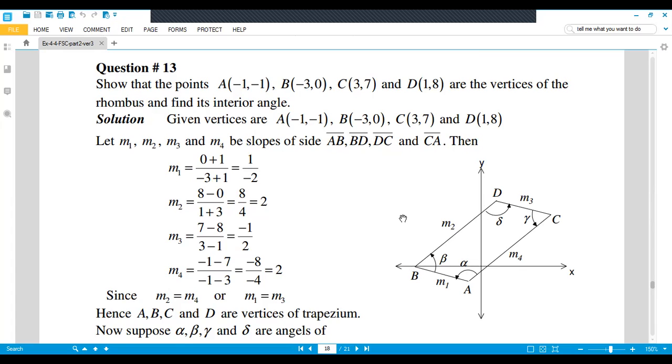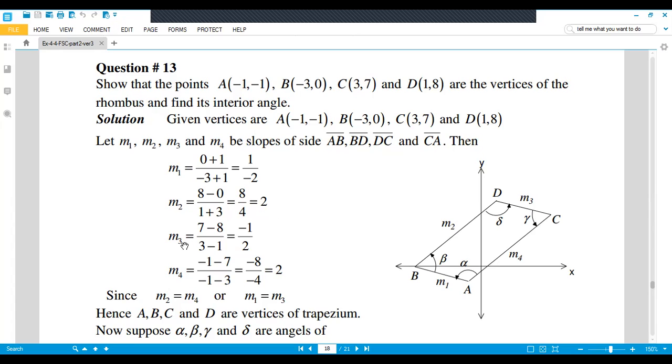So that will be BD, so you will take the vertices of B and D. The vertex B is minus 3, 0, and the vertex D is 1 and 8. So 8 minus 0 and 1 plus 3. So you get 8 over 4, which is equal to 2.